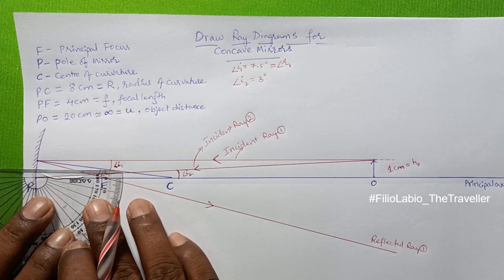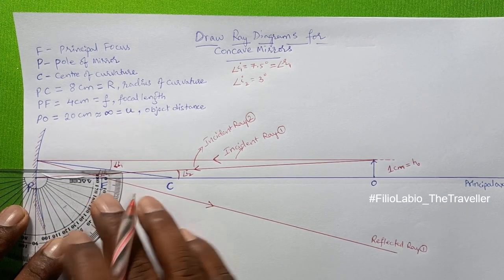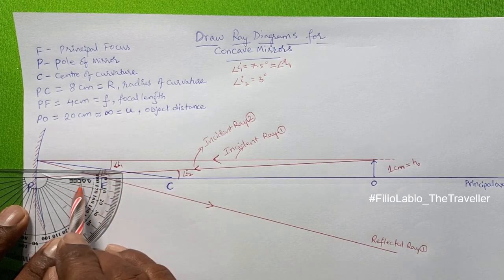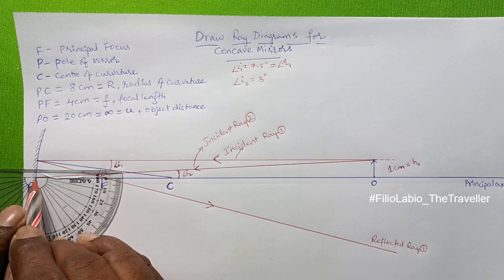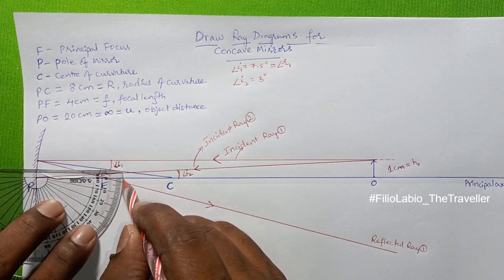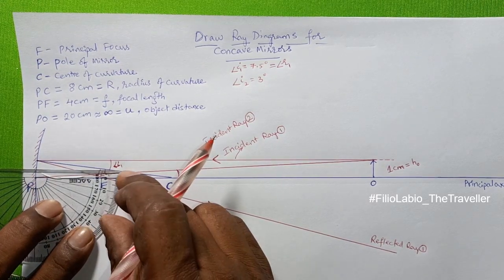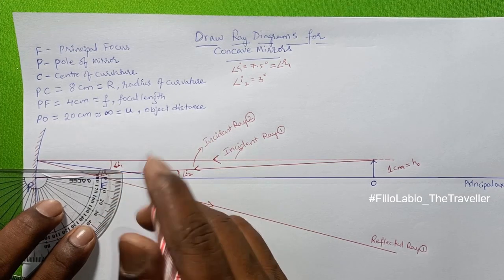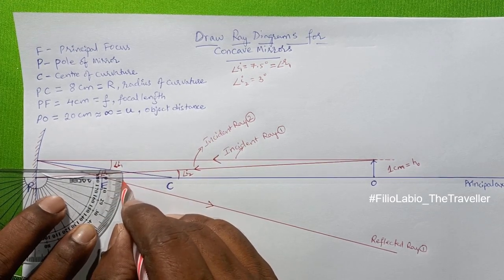Therefore, again place the protractor base on the principal axis and at the pole of the mirror, center of the protractor at the pole of the mirror. Find out the 3-degree angle. 1, 2, 3.